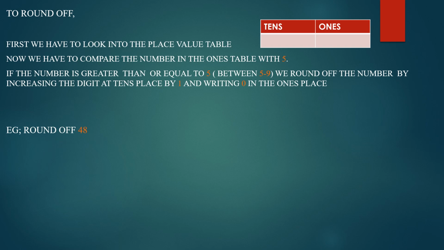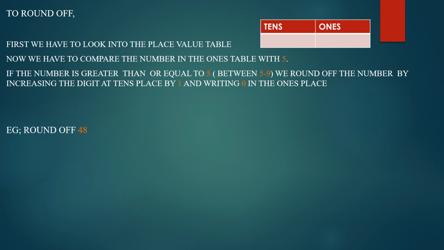So we have the desired number at the tens. When it is greater than or equal to 5, we have to increase that digit by one, and also we have to write 0 in the ones place. It will be quite clear when you get into the example.